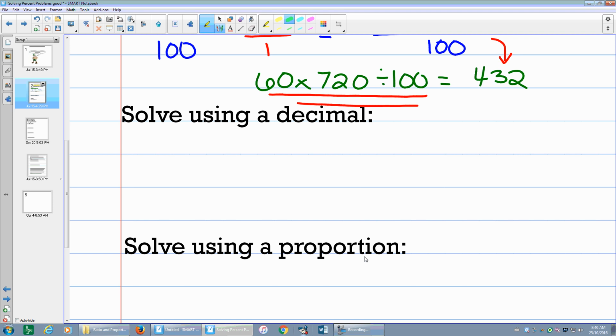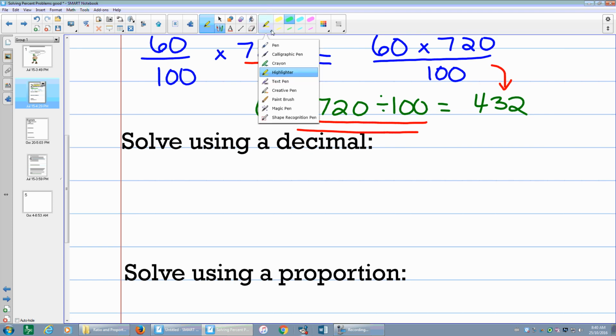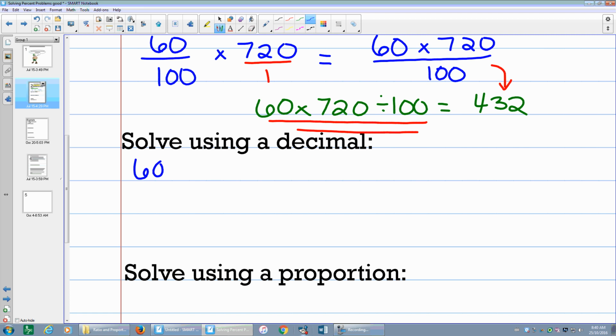Solve using a decimal. Okay, we know how to do a decimal here. So again, you will have to remember 60% can be written as a fraction, and that is 60 over 100.